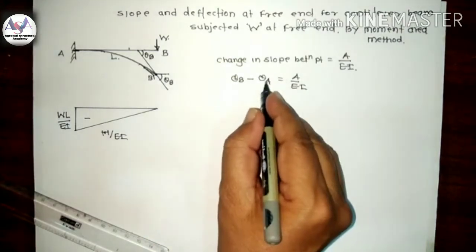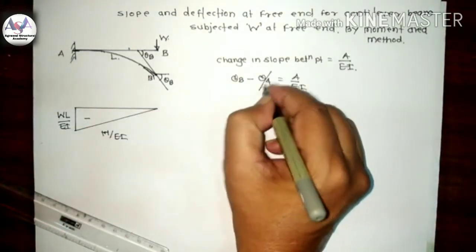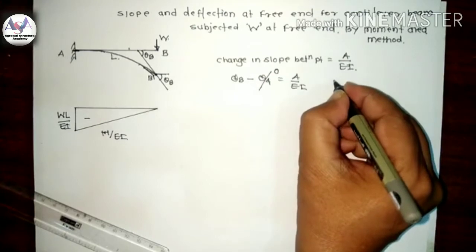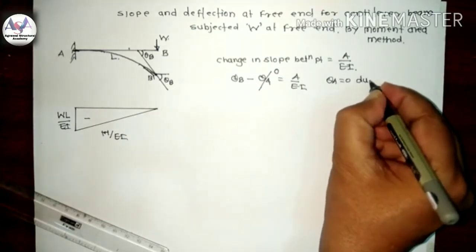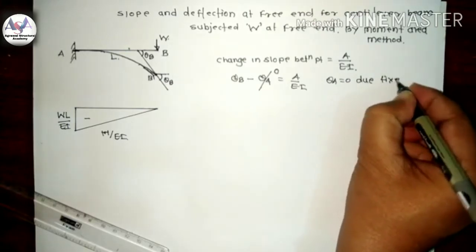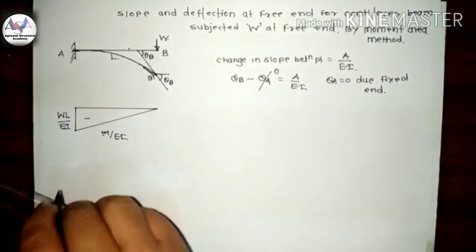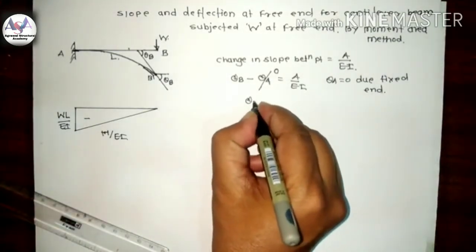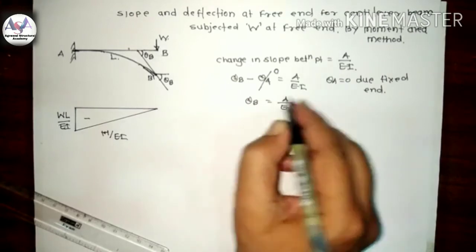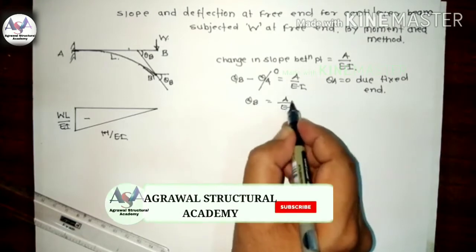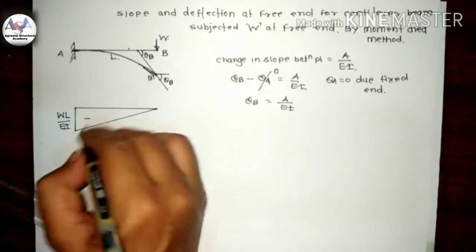But we know that theta A is 0 due to the fixed end. At the fixed end, the slope is 0. So theta B is equal to the area by EI, the area between B and A.